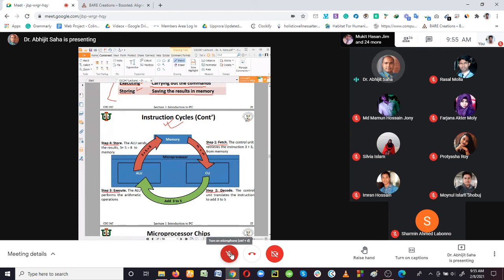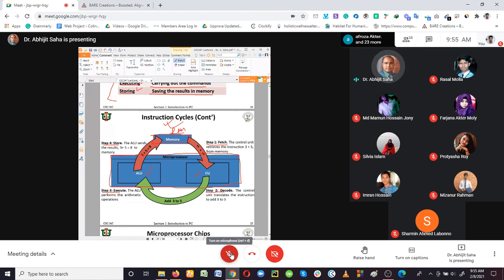So we are simply taking a form where we have a memory. That means this is our RAM. Memory means the RAM, without any doubt. This box is our processor, and inside the processor we have two main components: one is the ALU and one is the CU.